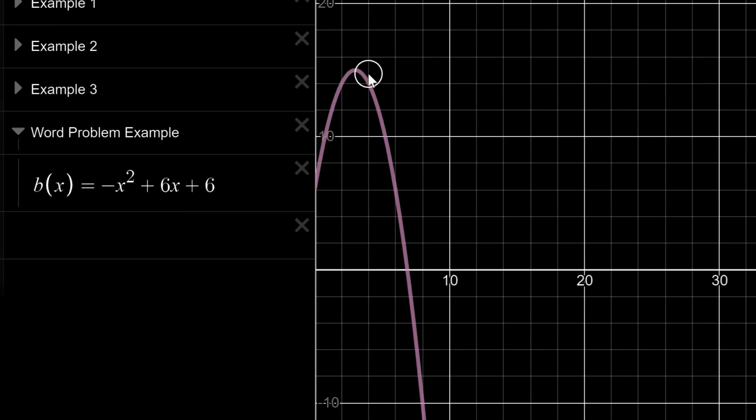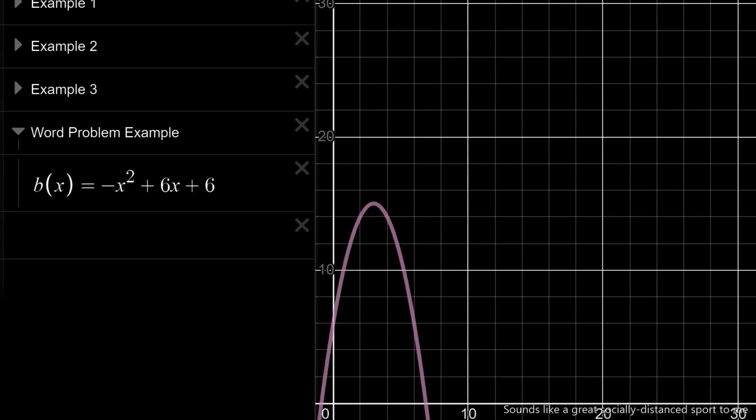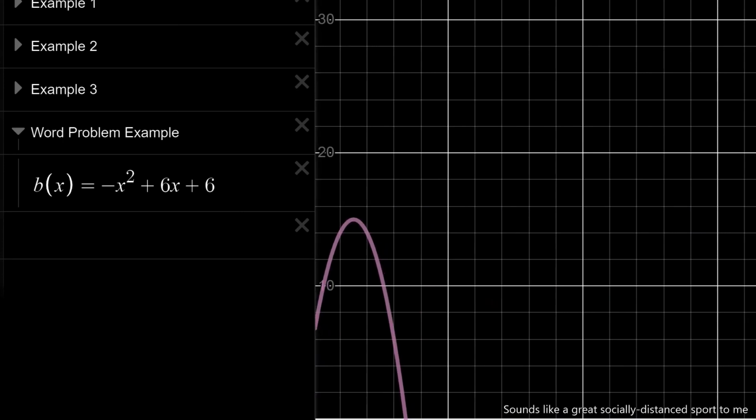Since our y values, or b of x values, represent height above the ground, we also don't need to use any of the negative values for y, because that would mean that our basketball somehow tunneled its way underground, and unless you're playing basketball with the world's heaviest bowling ball, this is probably not a situation we need to assess.